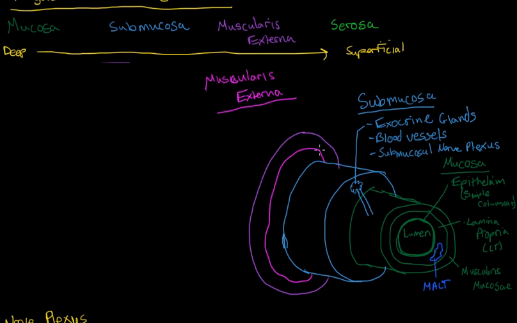So we're going to have a layer right here of circular muscle. So that's muscle that, when it contracts, is going to close off the canal. It's going to make the canal more narrow and close it off.